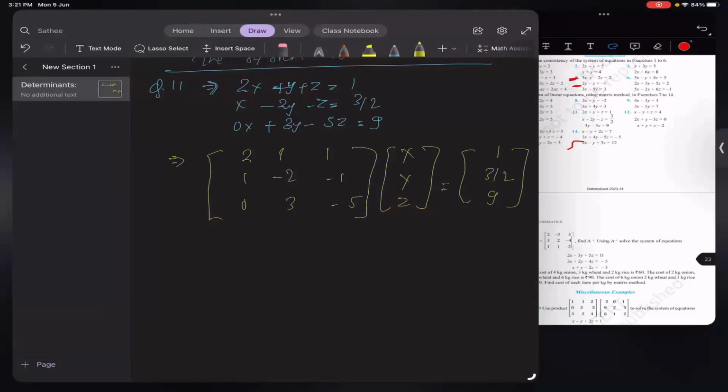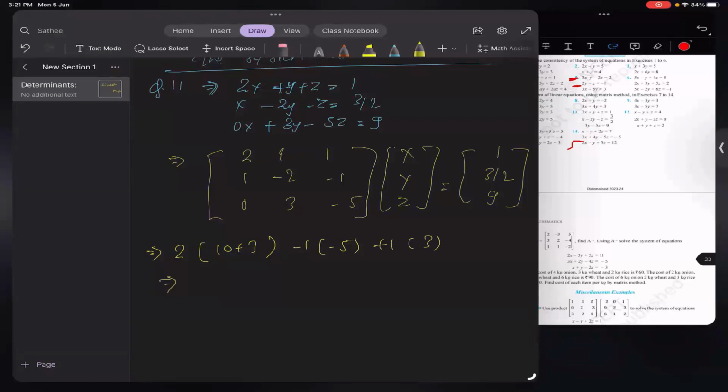If we expand along the first row, our determinant is 2 times (10 plus 3), minus 1 times minus 5, and plus 1 times 3.